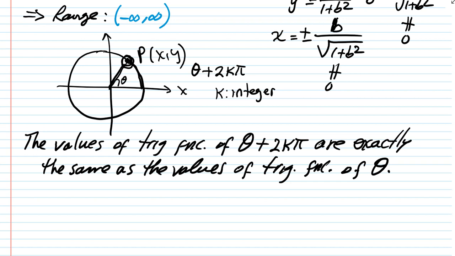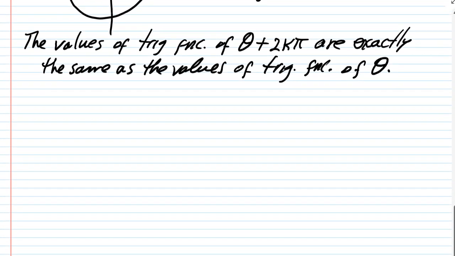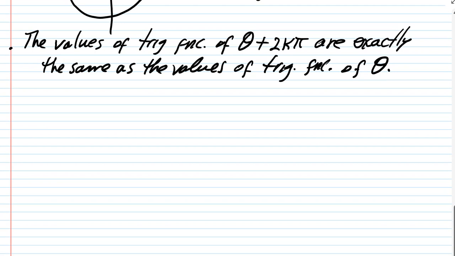True. So if I start, let's say, at point P, and I go one rotation around and I end up at P, well, they have the same terminal side. And that's what that circle does. Okay. So it's for this very reason that we say the trig functions are periodic.